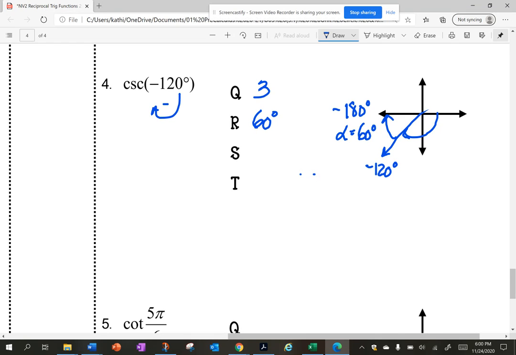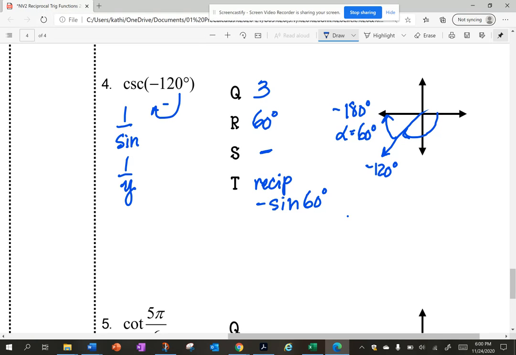Okay, so now we're talking about cosecant, and cosecant is 1 over sine. So this is 1 over y. So is y positive or negative in the third quadrant? And y is negative in the third quadrant. So this is going to be the reciprocal of negative sine of 60 degrees.